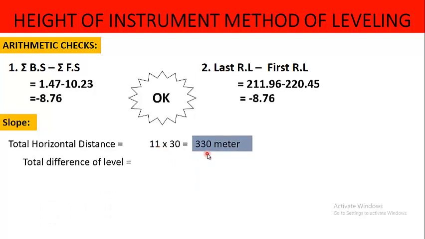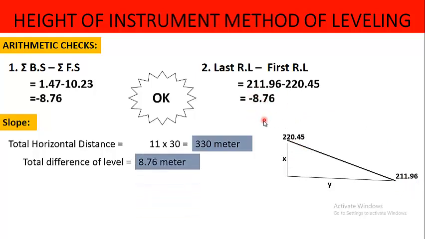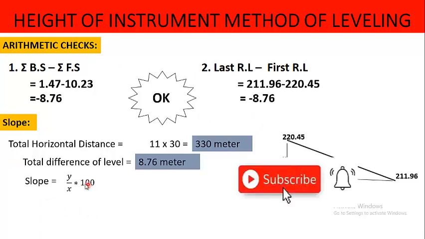To get the vertical distance, it is the difference between the level of point A and point B. That comes out to be 8.76. That is the vertical distance. Horizontal distance is 330. As we know that slope is equal to y divided by x multiplied by 100.